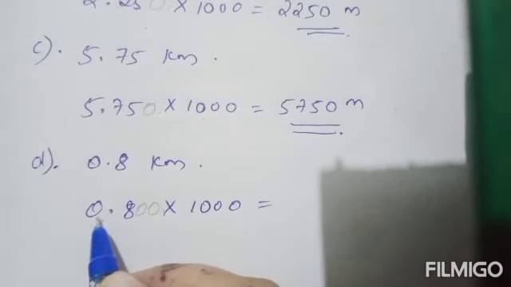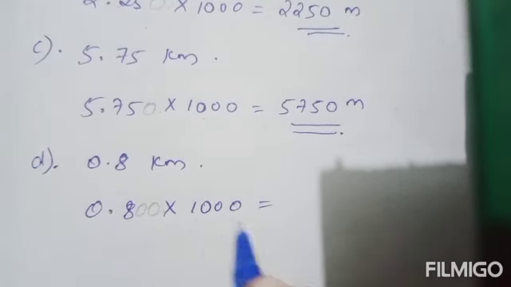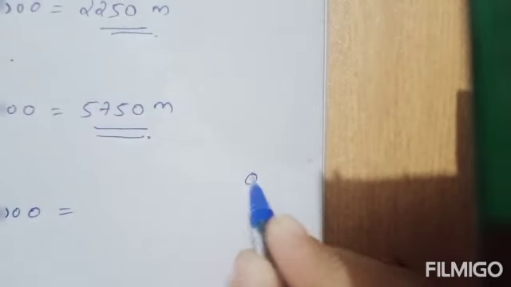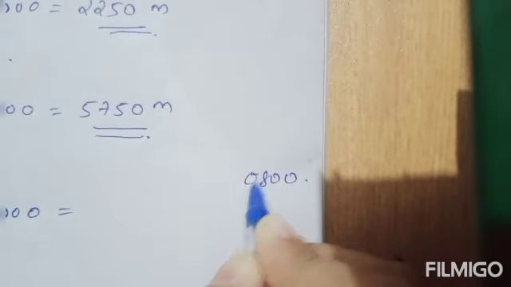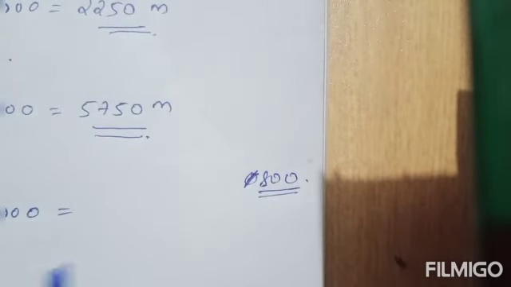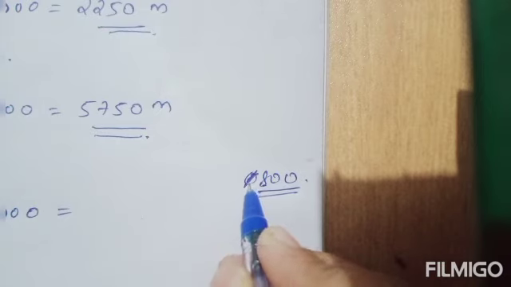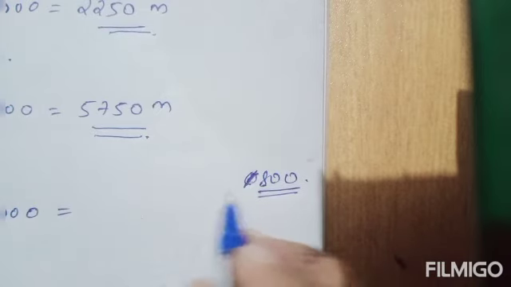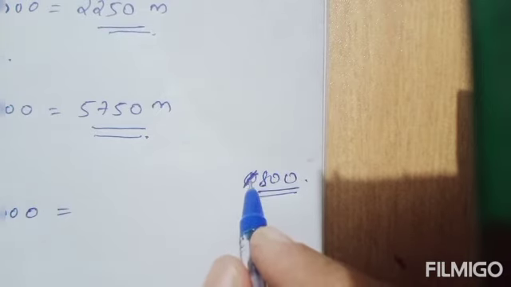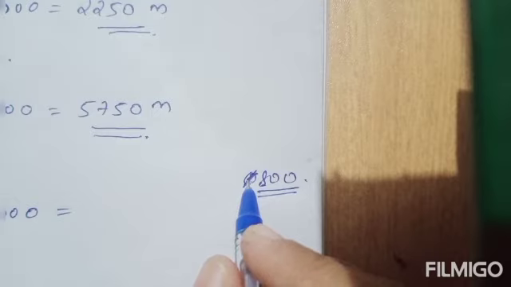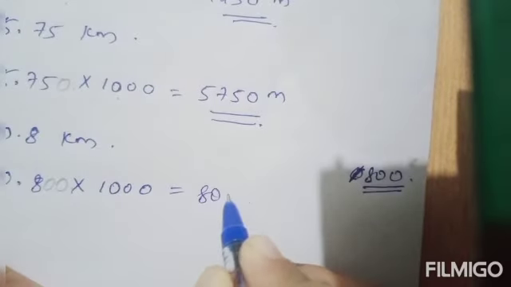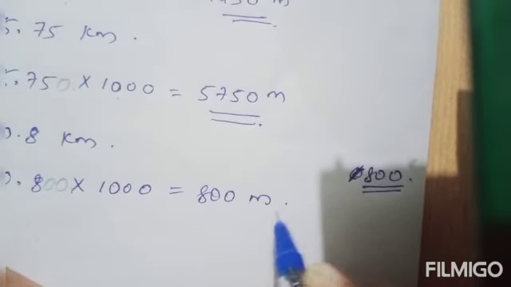So it is 0800. That means 0800 is 800. Zeros at the left end before the decimal have no value. So 800 meter it is.